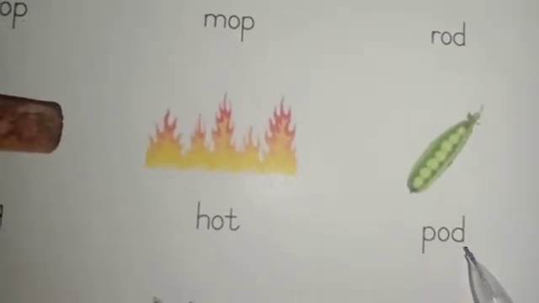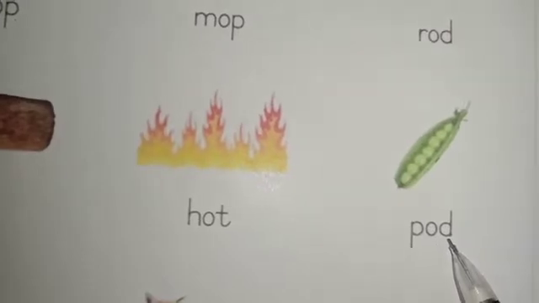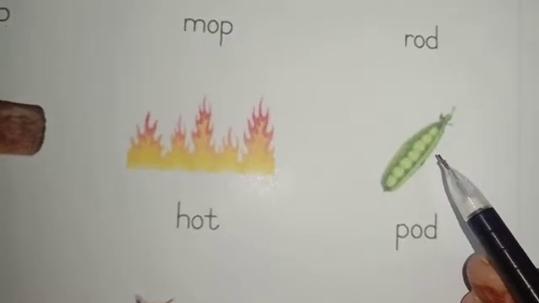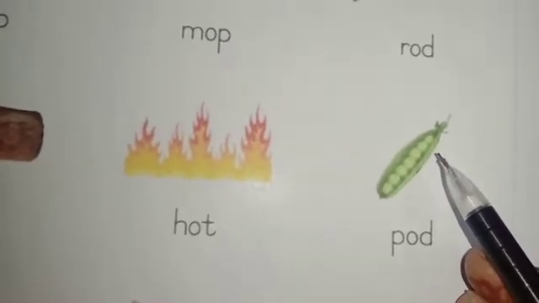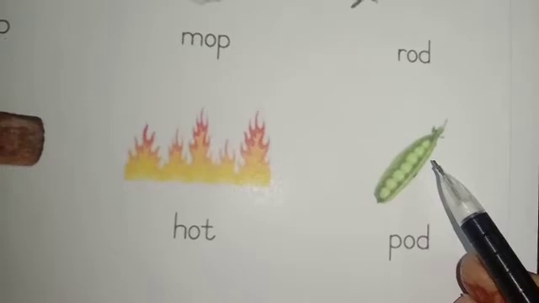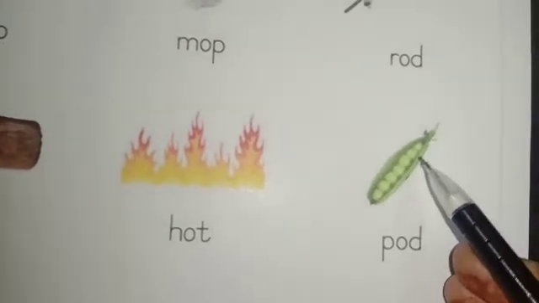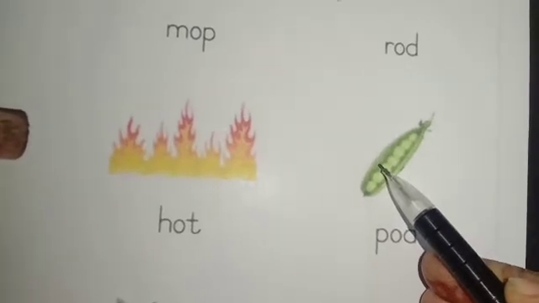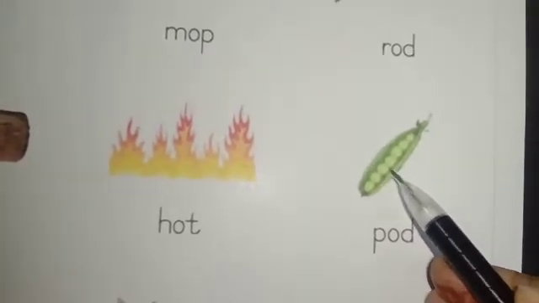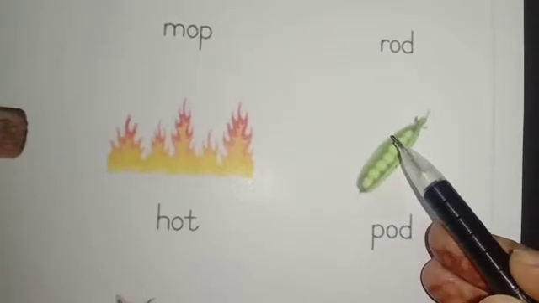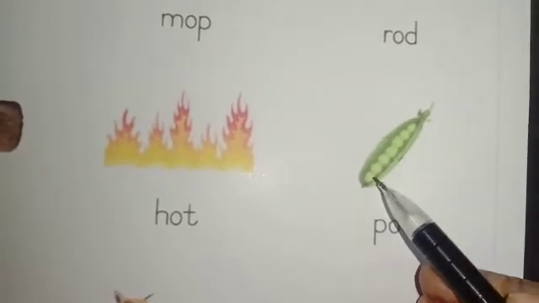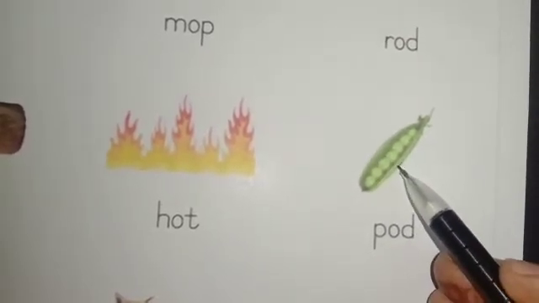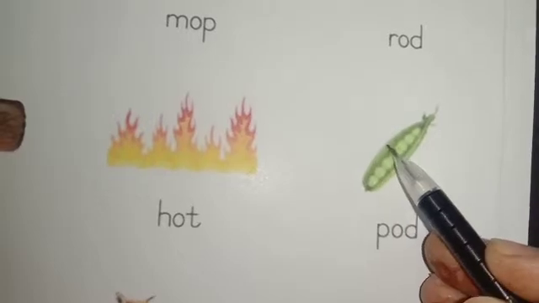P-O-D, pod. Pod is a long, narrow, flat part of some plants such as beans and peas that contains the seeds and usually has a thick skin. बच्चों, जो थिक स्किन होती है और उसके अंदर पीस होते हैं, तो जो थिक स्किन होती है उसको क्या कहते हैं? पॉड.